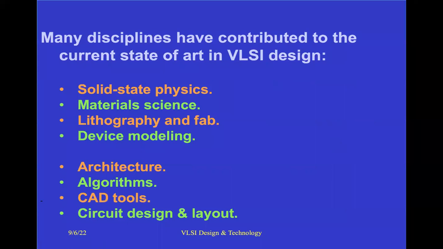So moving on, many disciplines have contributed to the current state of the art in VLSI design. It's not just the engineers, it's not just the technology, but many other things which have supported this migration, right? The first and foremost is physics, right? Solid state physics. You should understand how this IC works, okay.